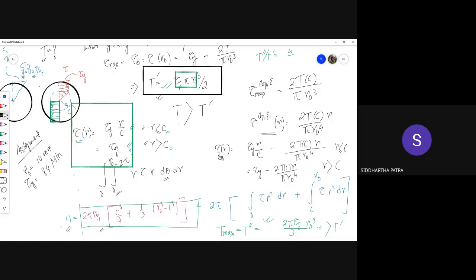And C is R0 by 2. So I need you to plot tau residual versus R, where R is between 0 and R0. So make a plot in an Excel sheet. That is your assignment for the day.